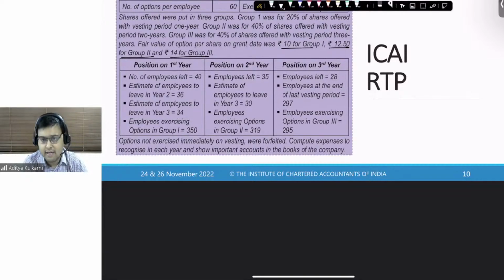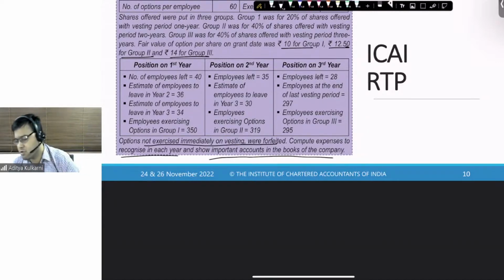Position in the third year, employees left is 28, at the end of the last vesting period 297, whereas exercising the option is 295. Options not exercised immediately on vesting were forfeited. Compute the expenses to be recognized each year. Show the important accounts in the books of the company.